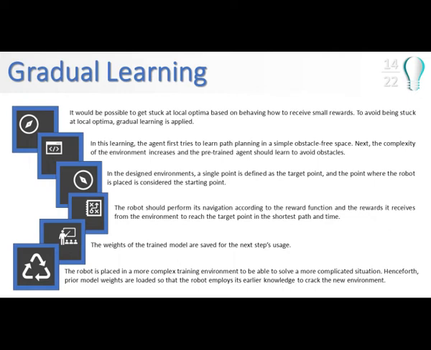After that, for the second, more complex environment, we load the saved weights of the previous environment and fine-tune them. With this method, gradual learning, we can achieve more and more complex tasks and environments. We use this kind of method for training environments with gradual learning.